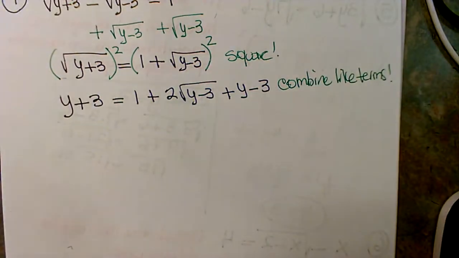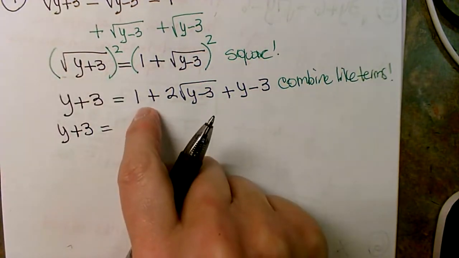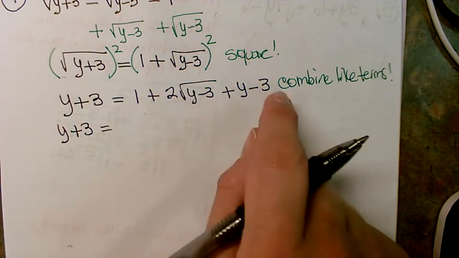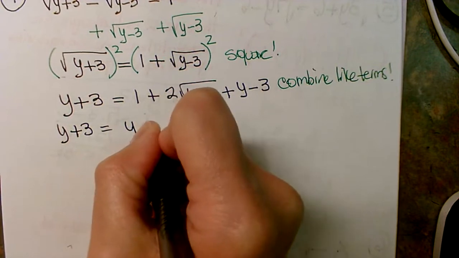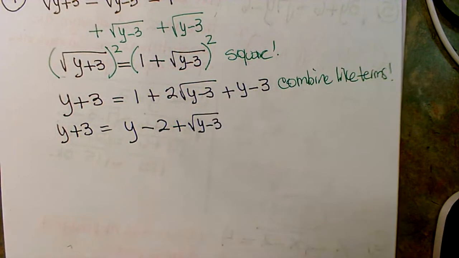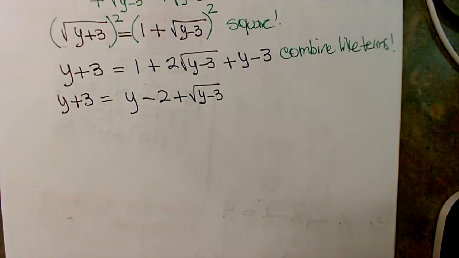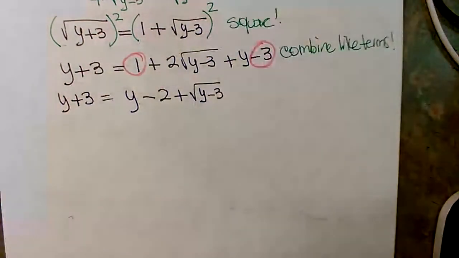So we get 1 minus 3, which is negative 2, plus y, plus 2 times the square root of y minus 3, right? I combine these two. That's what I did there.